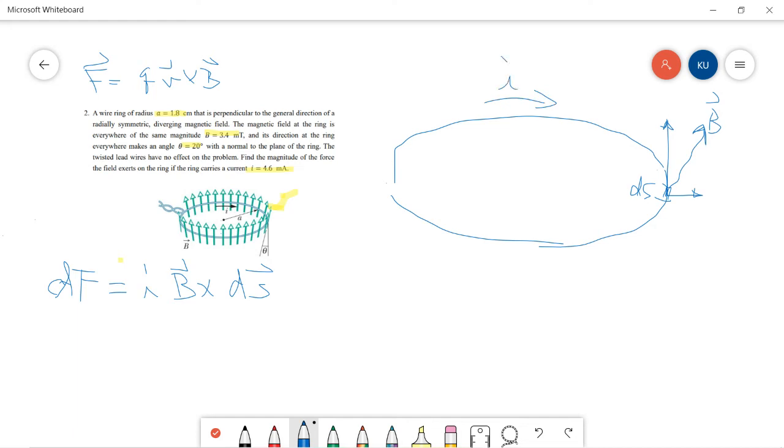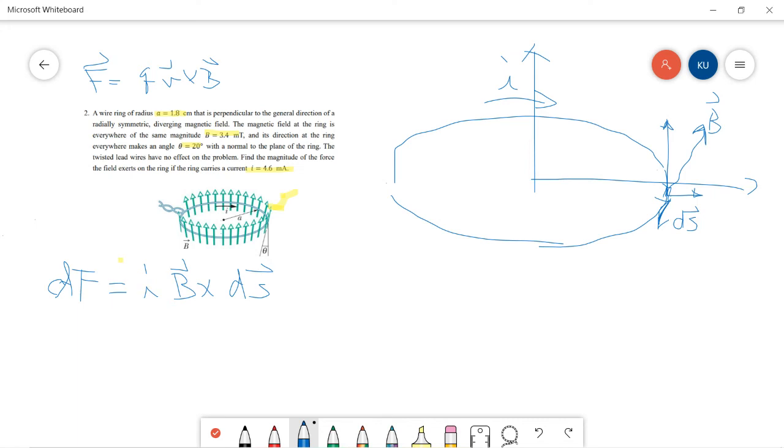This is I. So we should consider ds to be in this direction, something like clockwise. But this is a 3D graph, so it's not easy to observe.